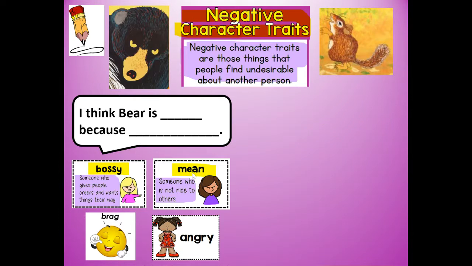So what you need to do is pick bossy or mean, and then tell me why you think Bear is bossy or mean in a complete sentence. I think Bear is blank because blank, and you can use these words I've given you. So push pause, write your sentence to describe how Bear is on the inside. And when you're done writing your sentence, press play.